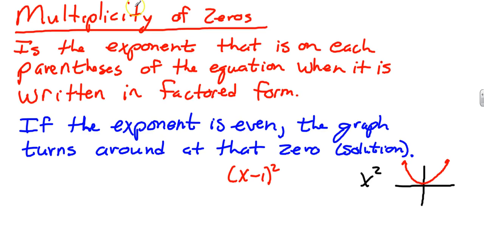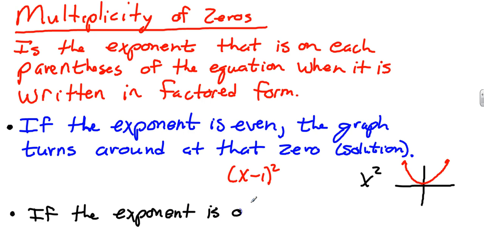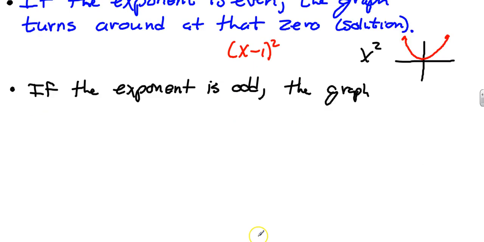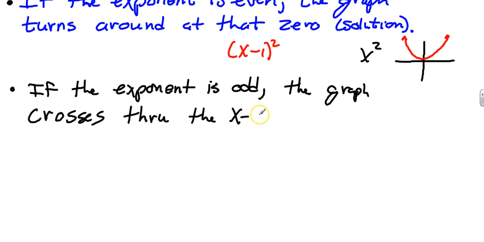If it's odd, the graph is what they're going to say crosses through the x-intercept or through the x-axis. Similar to that, what if it was x to the first power, x to the third power, where it's like slope again. It's going to hit the line and just keep on going as it goes through that part of it.